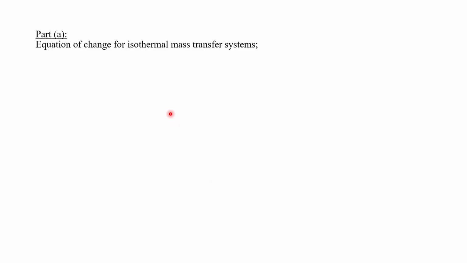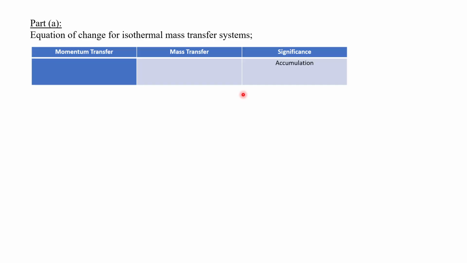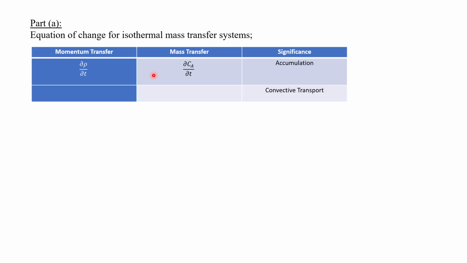Equation of change for isothermal mass transfer systems. We'll use the analogy of momentum transfer. The accumulation term for momentum transfer is d rho by dt. In mass transfer, it will be the same, del CA by del t. The convective transport term for momentum transfer is grad dot rho vv.